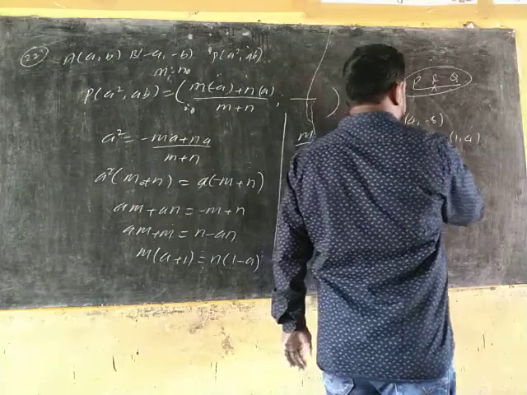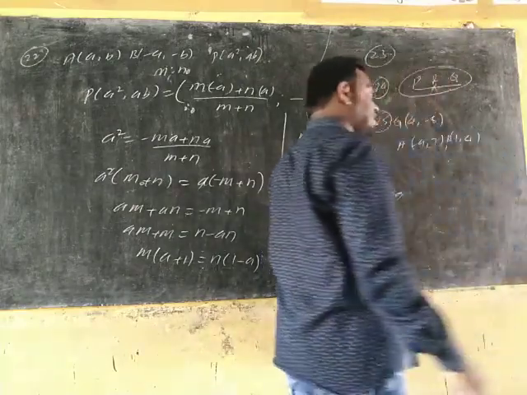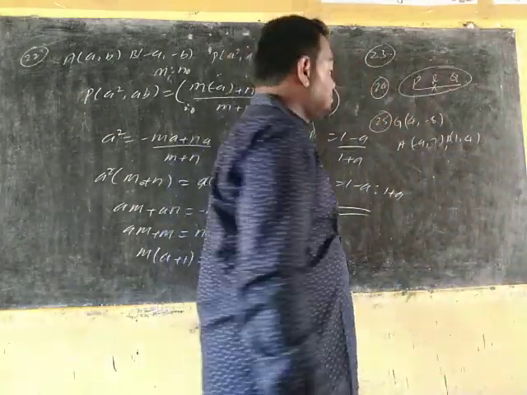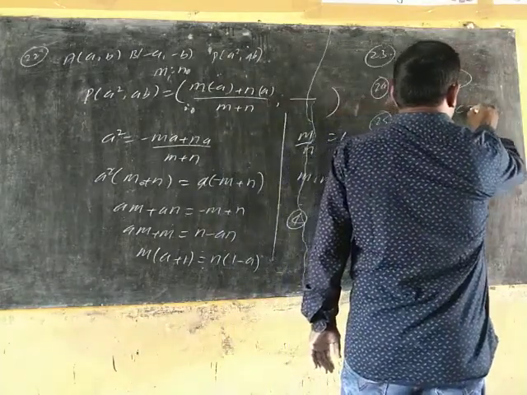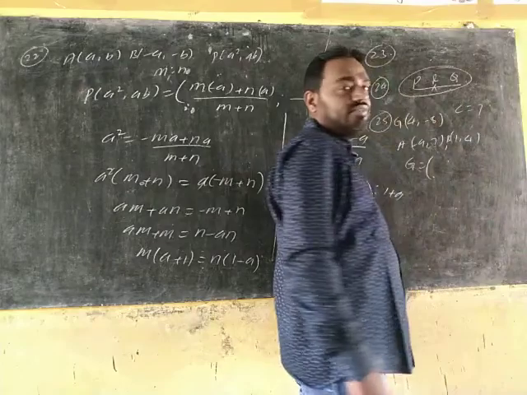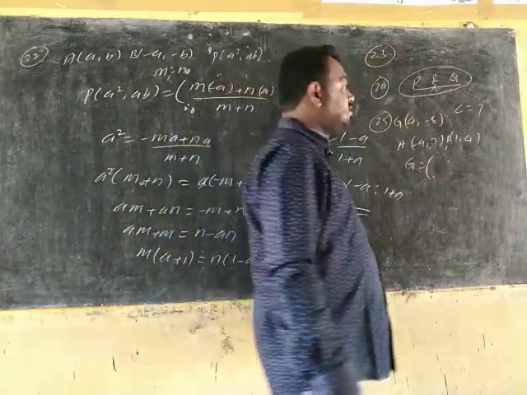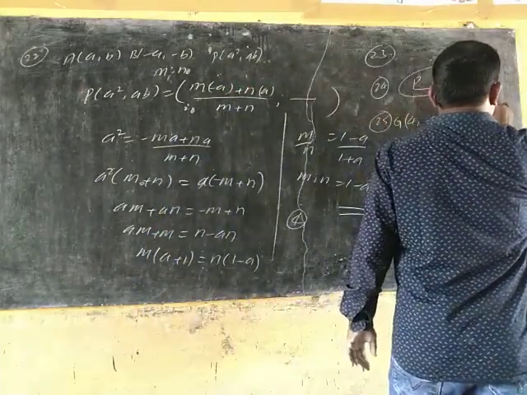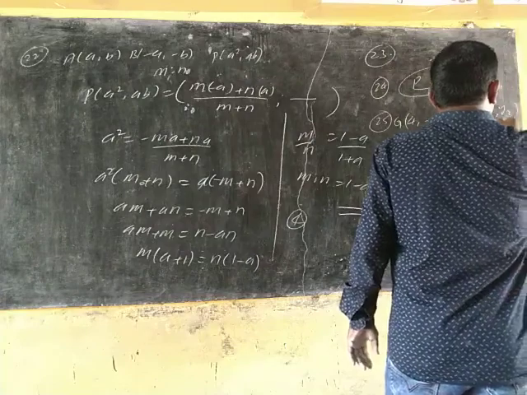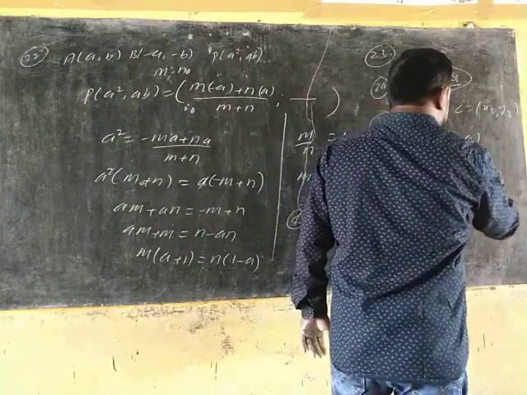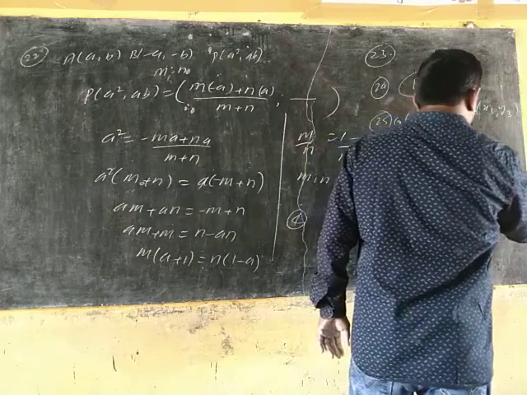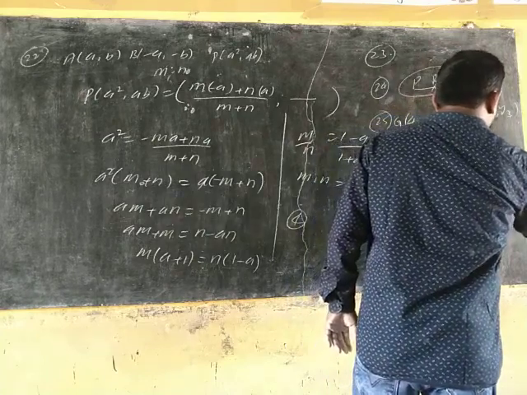This is A and B, the 2 vertices they given. We just need to find the third vertex. Take the third vertex coordinates as x3 comma y3. Centroid formula is x1 plus x2 plus x3 by 3 comma y1 plus y2 plus y3 by 3.